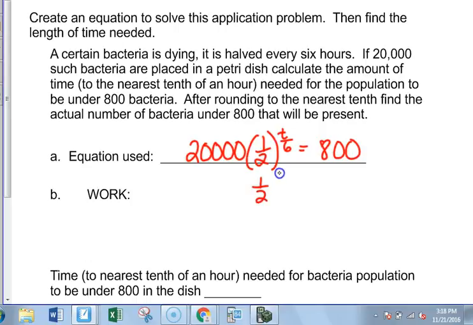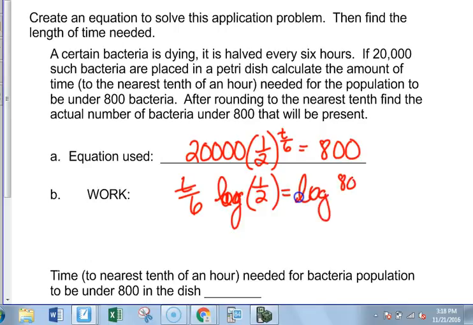So if we divide and take the log of both sides, can I do that all at once? Yeah, I could if I could write. So the log of 800 divided by 20,000, then divided by the log of 1/2.